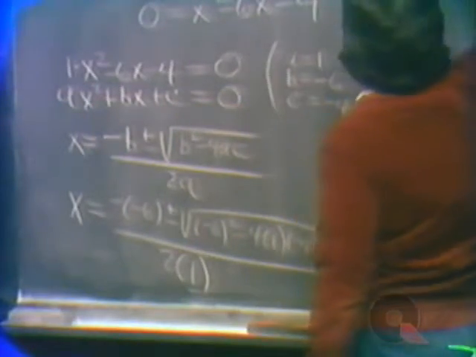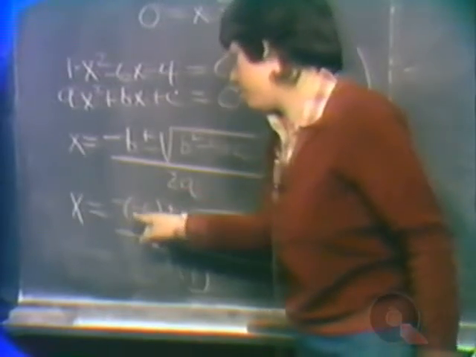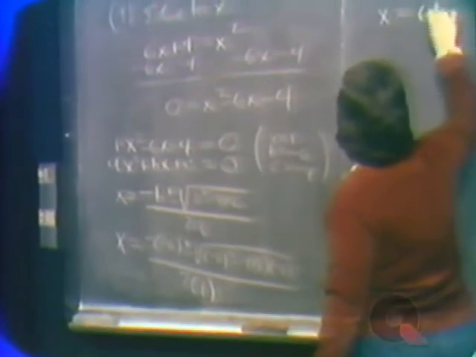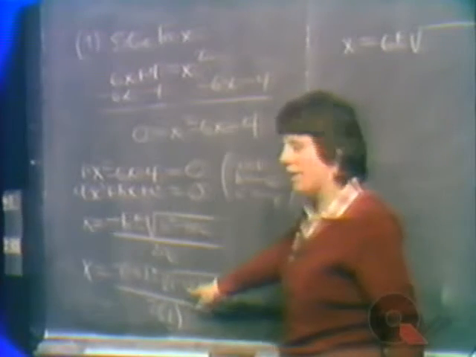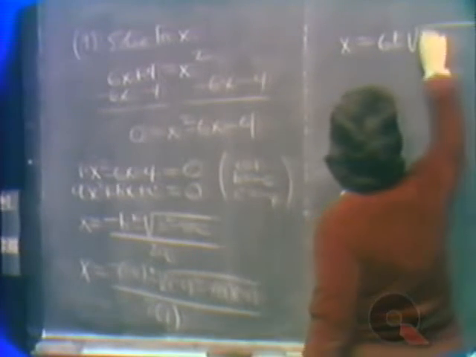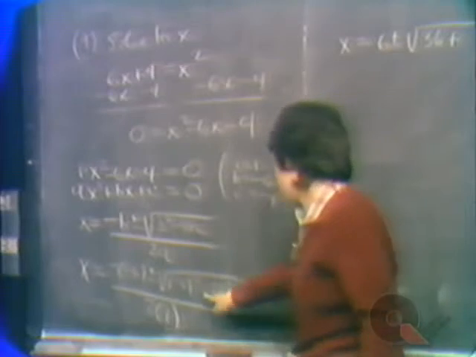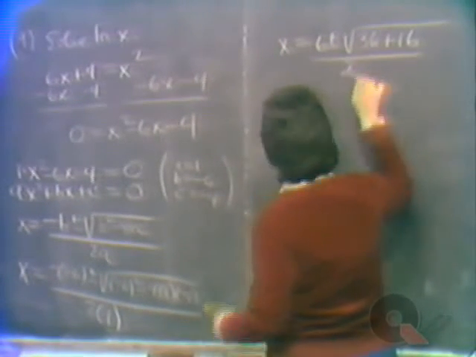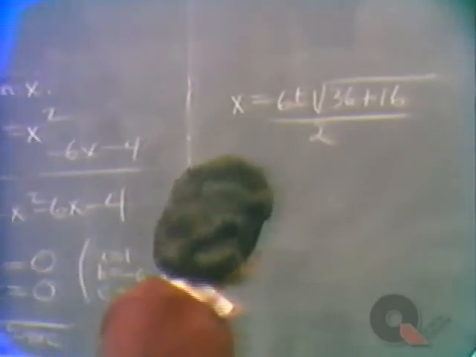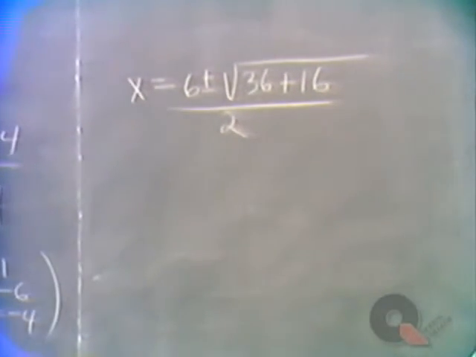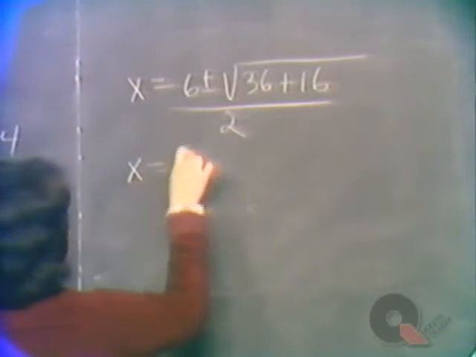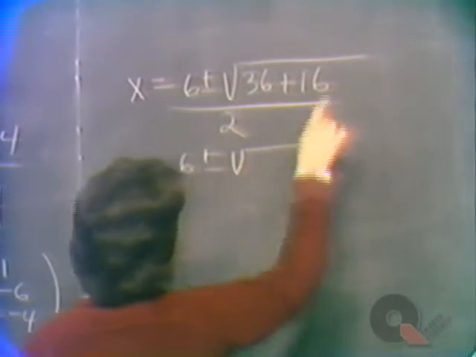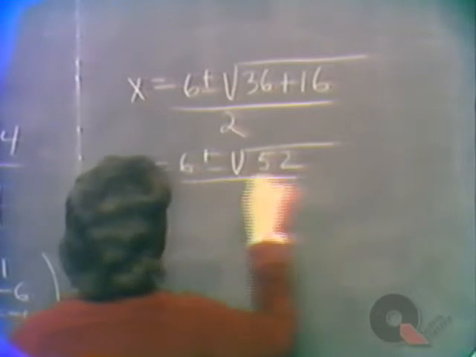Let's see what we have. x equals minus a minus 6, that's plus 6, plus or minus the square root of minus 6 squared, that's 36, minus times a minus is plus, it's plus 16, over 2. So we have 6 plus or minus the square root of 52 over 2.